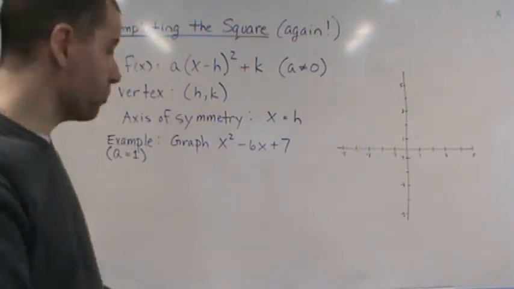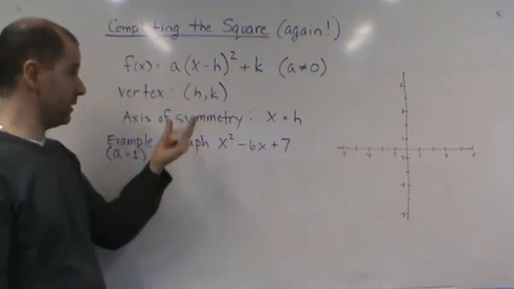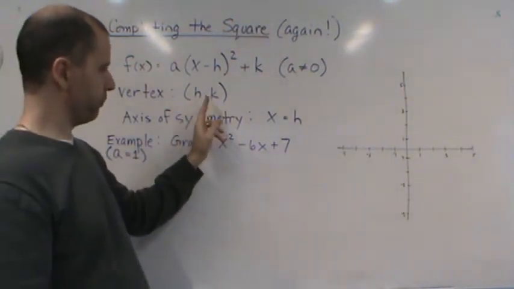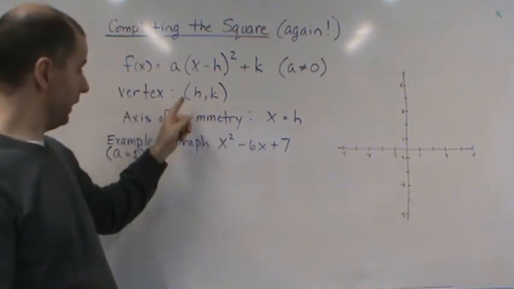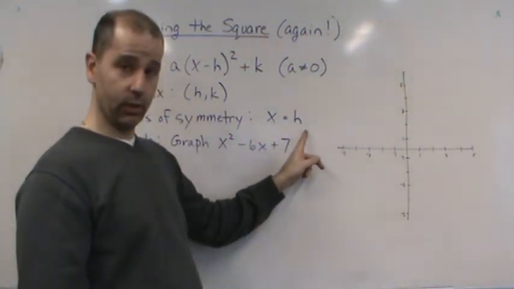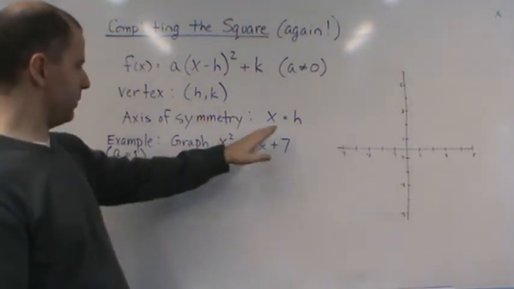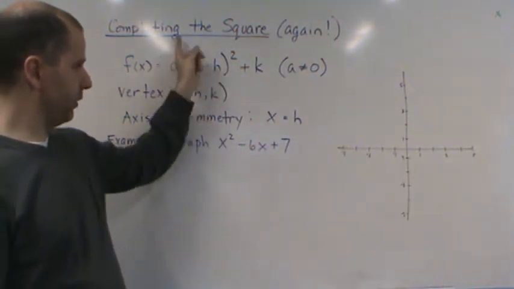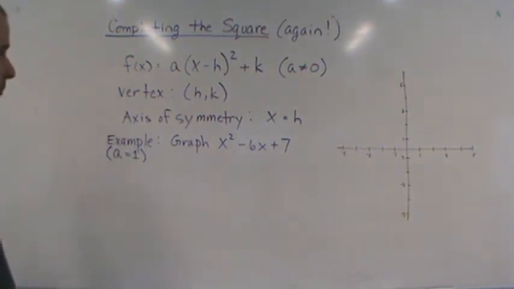Likewise, in this form for quadratic equations, it's very easy to pick out the vertex, which is (h, k), and the axis of symmetry, which always goes through the x value, because it is a vertical line. So it's always of the form x equals a, or in this case, h. The axis of symmetry is always going to be x equals h, and the vertex is always (h, k) when you're looking at this form. So it's easy to pick these features out.